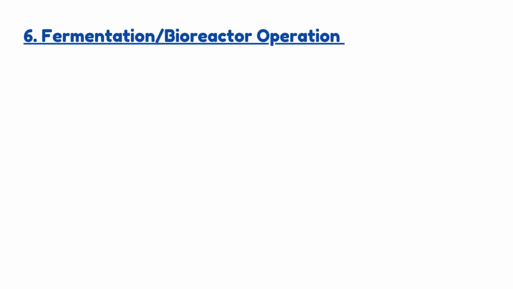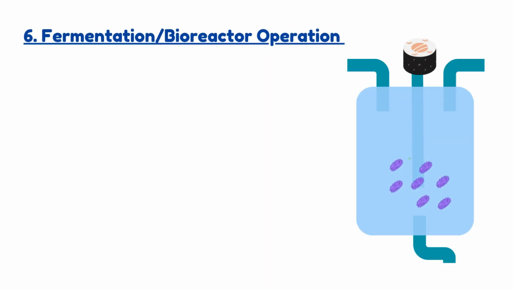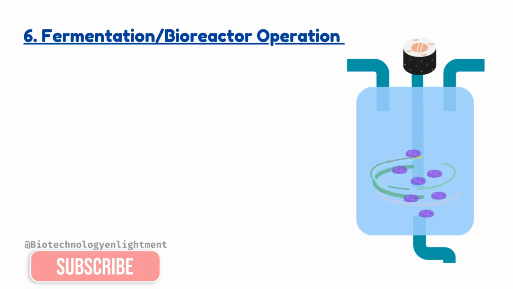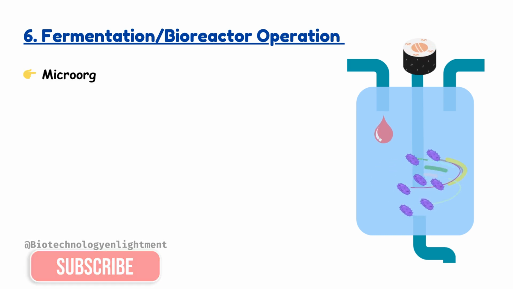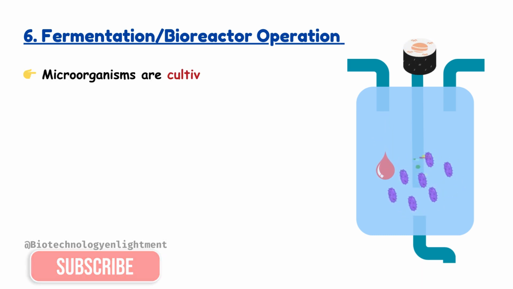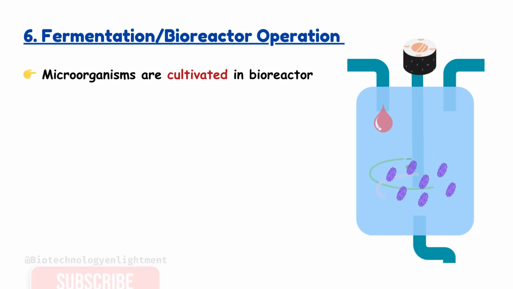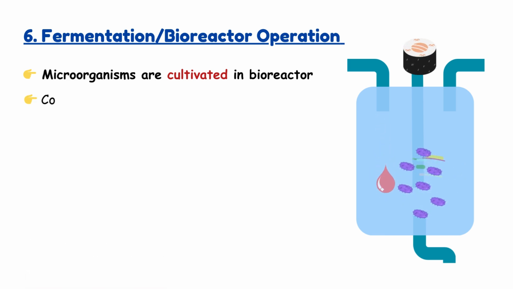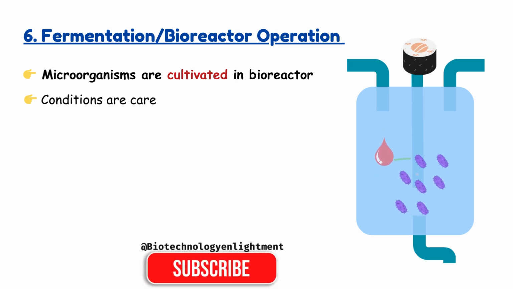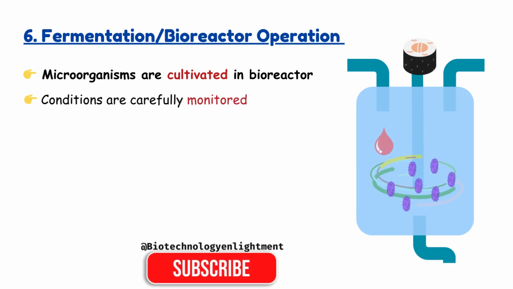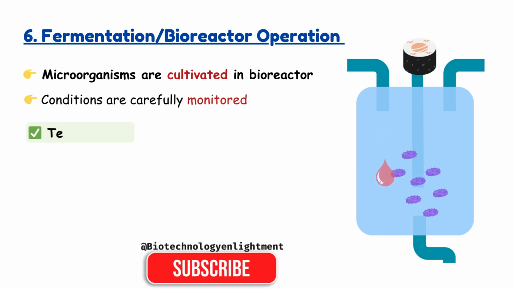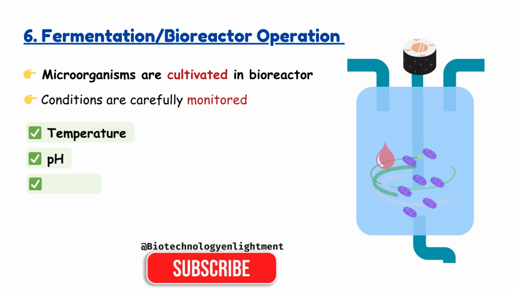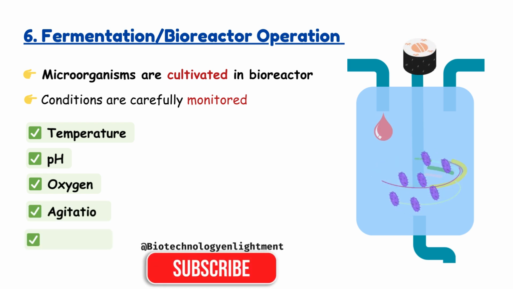So these are the various parameters which should be checked in the inoculum development process. Now step 6, fermentation or bioreactor operation, is the most important stage of upstream processing, where microorganisms are grown in bioreactors or fermenters. During this, the conditions are very carefully monitored. The main key parameters controlled in this operation are temperature, pH, oxygen, agitation, and nutrient concentration.